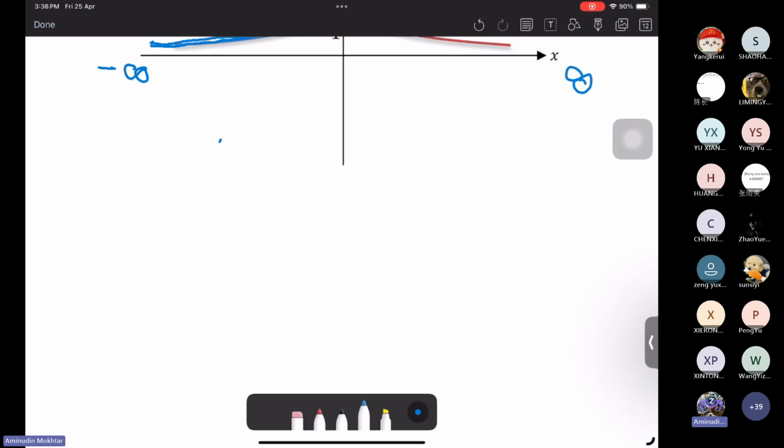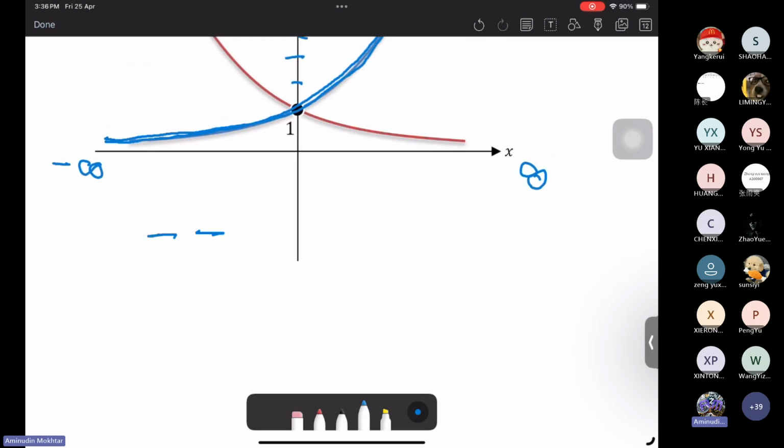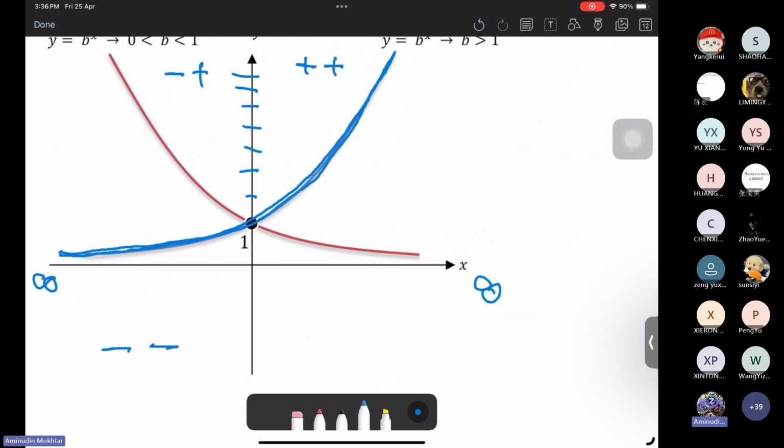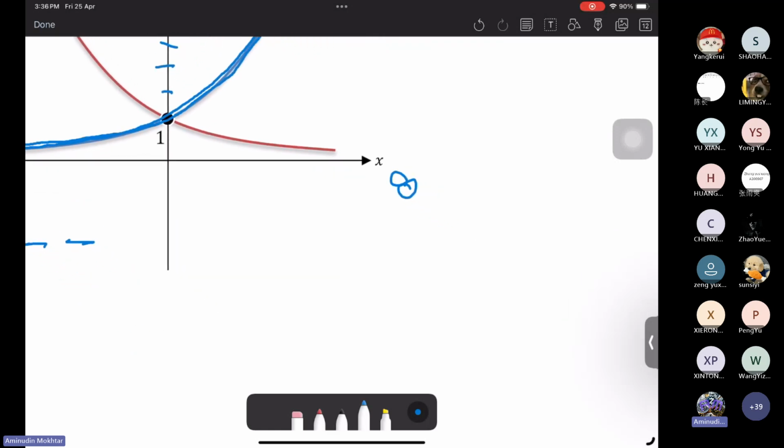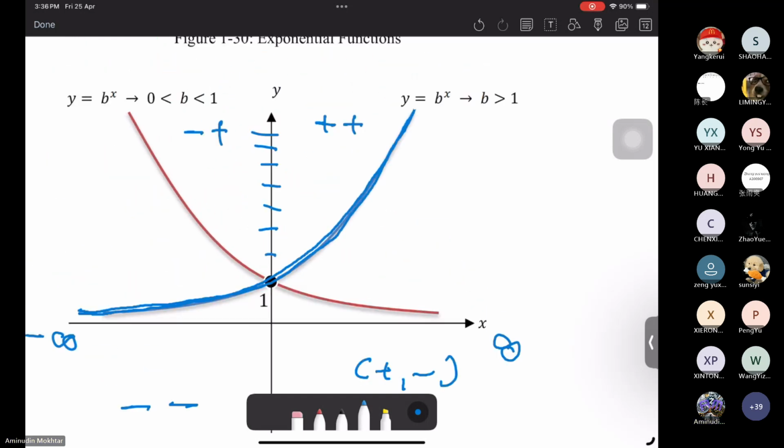The below one is x negative, y negative, and the other is x positive, y negative. So that's the basic concept of exponential.